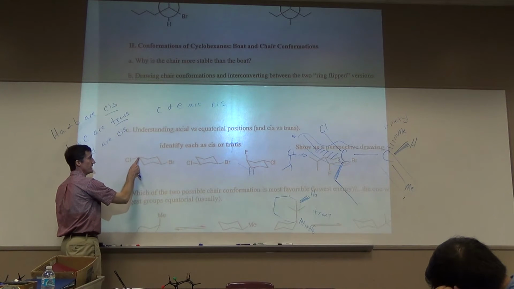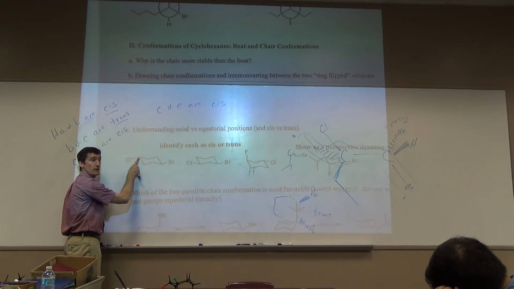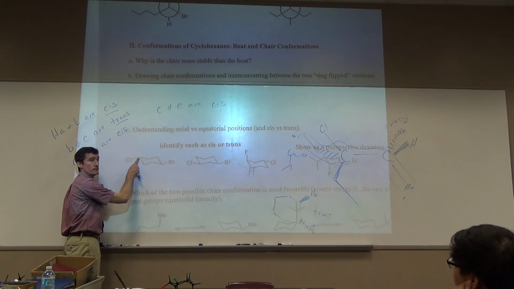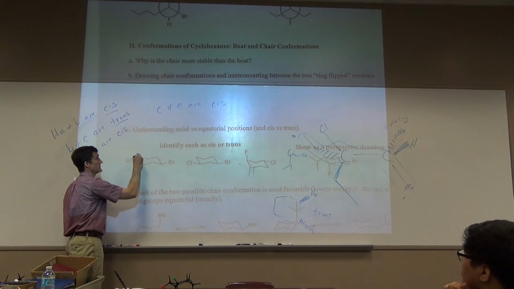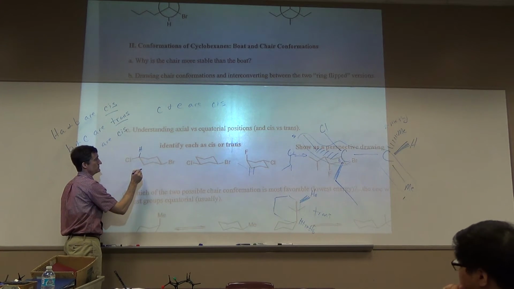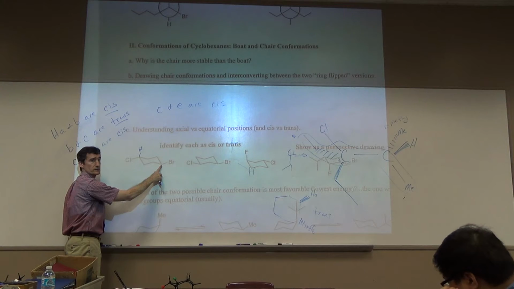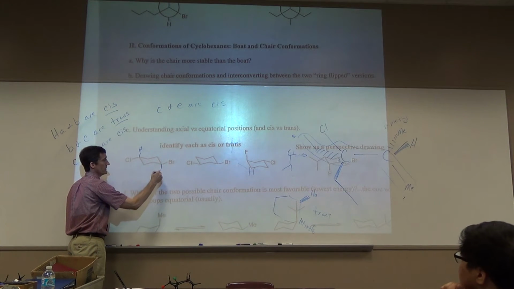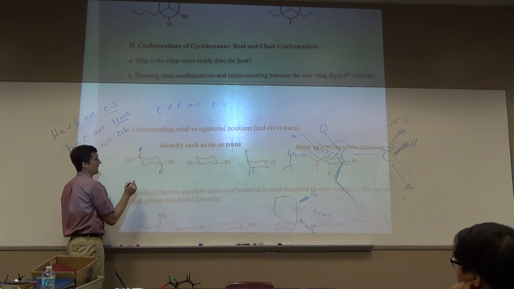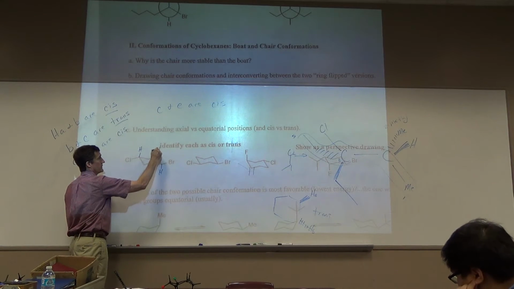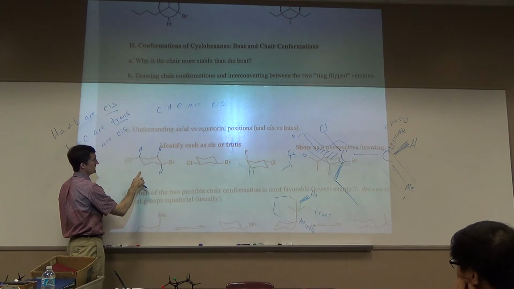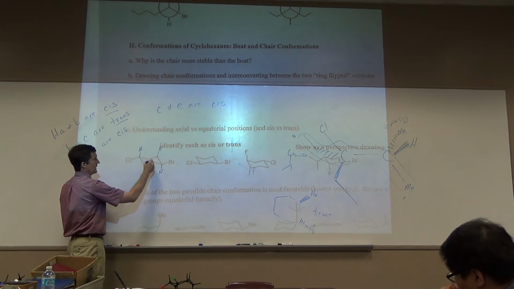For example, if you drew the H here, how would it be oriented? Straight up. And if you drew the H here, how would it be oriented? Straight down. That's an up carbon. Where's the other up carbon? In the middle. There's this one here.